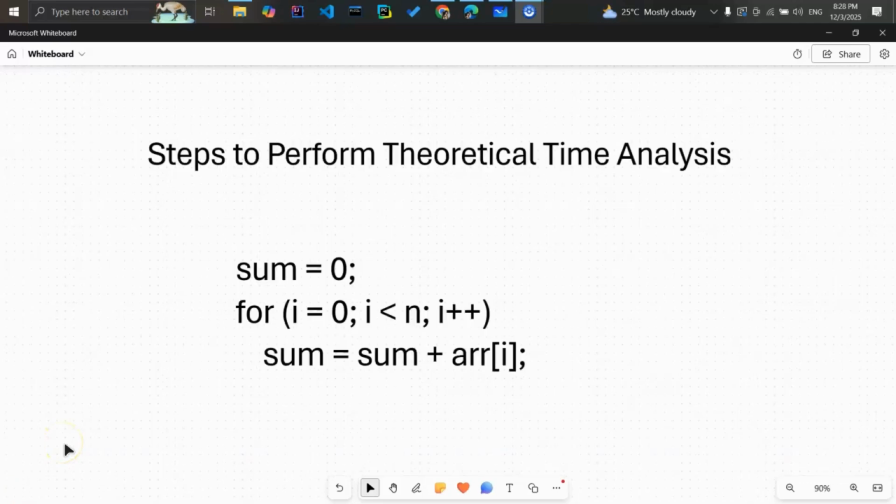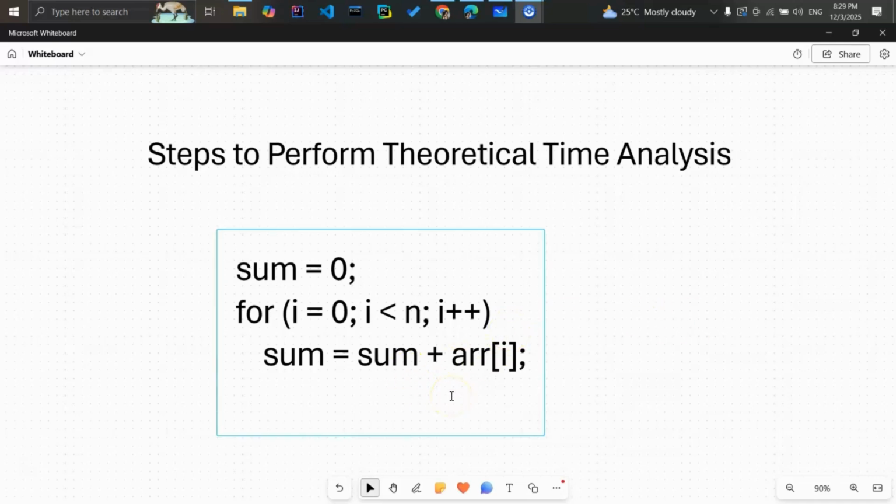Steps to perform theoretical time analysis. This is the code snippet. First, we should identify basic operations. These are the operations that contribute most to the running time. Examples: comparisons, additions, assignments, loops, and so on.